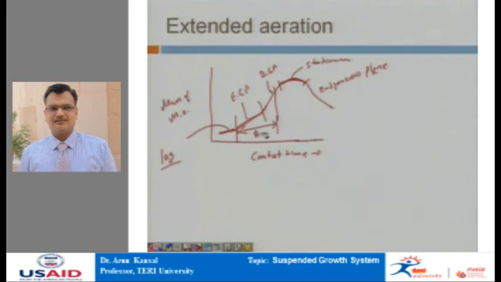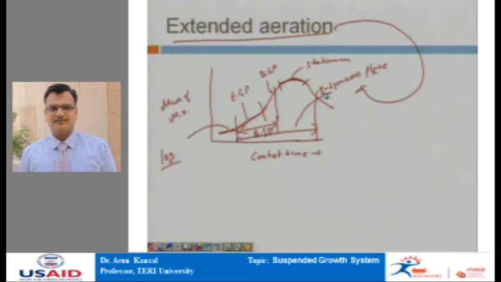So this is what we have discussed, the activated sludge process so far. In the extended aeration process, we are doing the aeration till the endogenous growth phase of the organisms. That is, we are allowing the contact time to such a duration that they go up to the endogenous phase.